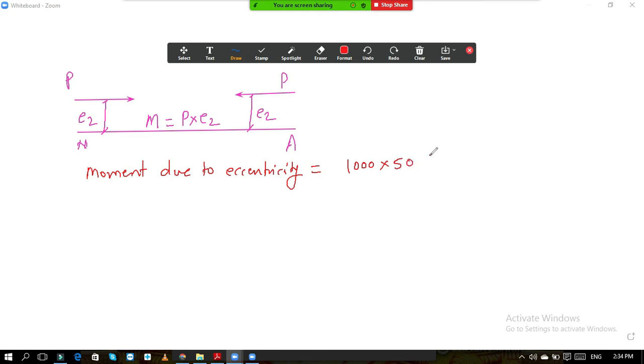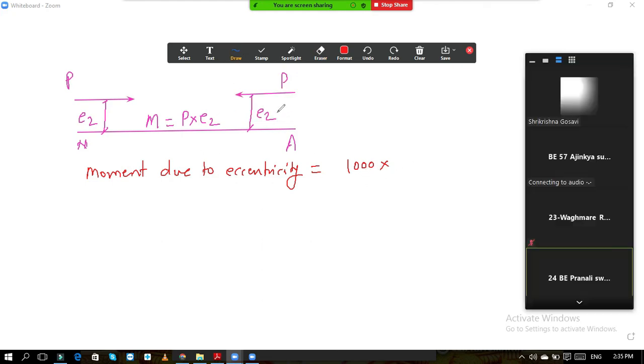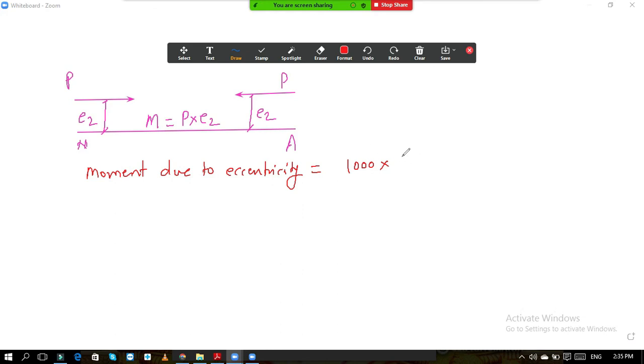I will keep it as it is for the time being, kilonewton, not meter, sorry. It is in kilonewton, and 50 is given in mm, so it will be 50 divided by 1000. So it is in meter, 0.05. So this will be your bending moment in kilonewton meter.